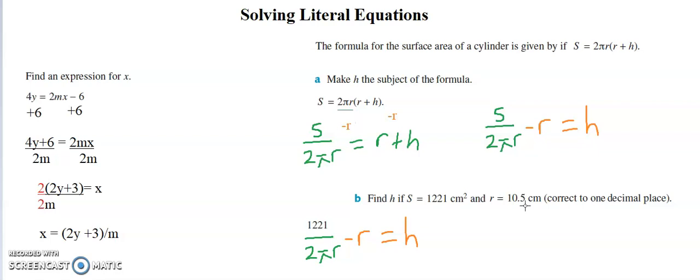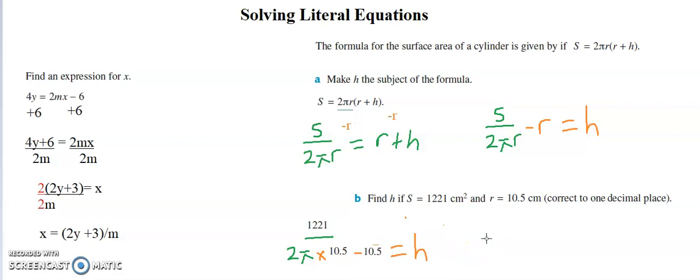Then it says r is 10.5. So I'm going to again put it in where I've got my r. In this case, I've got 2 pi r, so I'm just going to put a times sign in and put the 10.5 where r is. And I'm going to put the take away 10.5 where the other r is.